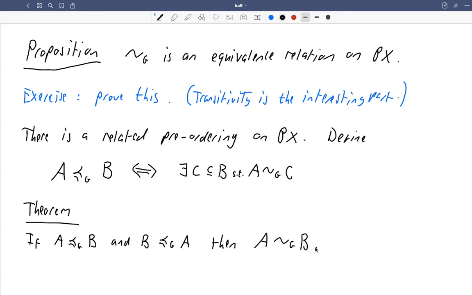So not only is this very similar in form to the Schroeder-Bernstein theorem, the proof is almost the same. There are just a couple of little additional steps one needs to do. Because of that, this theorem in this form is called the Banach-Schroeder-Bernstein theorem.